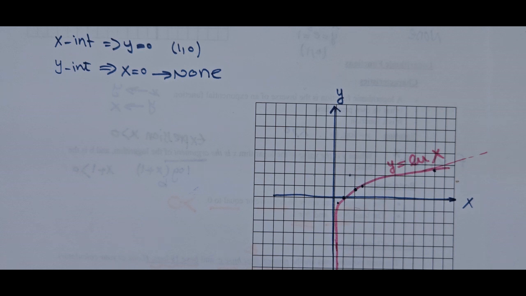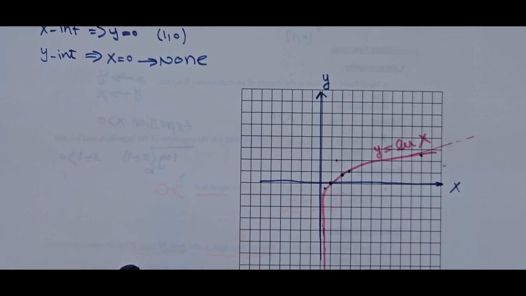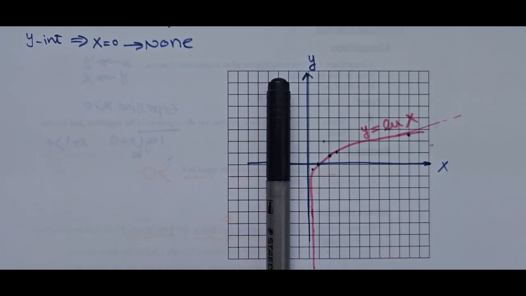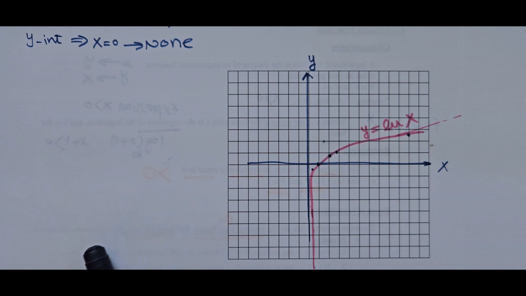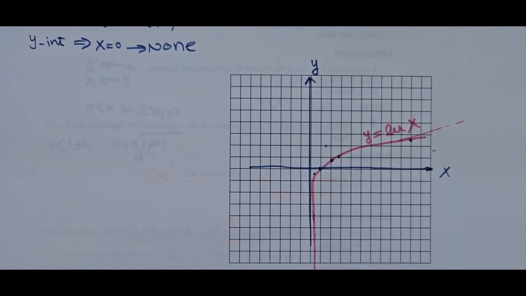Talking about asymptotes, take a look at the graph one more time. Consider the vertical line, the y-axis. You will see that the pink curve gets very close to it but never touches it. So the y-axis is the vertical asymptote.